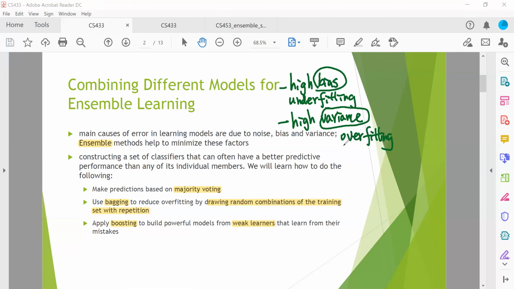Which one leads to overfitting? That's just a quick recall. And here ensemble learning says it constructs a set of classifiers, and they can often have better predictive performance than any of the individual members.